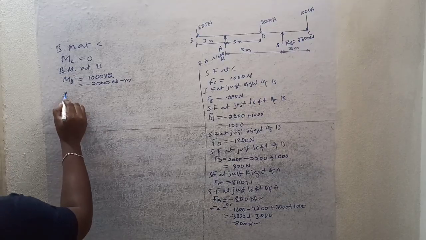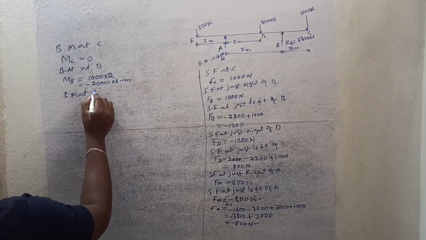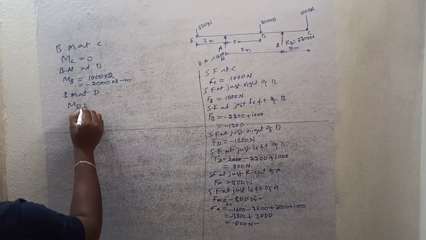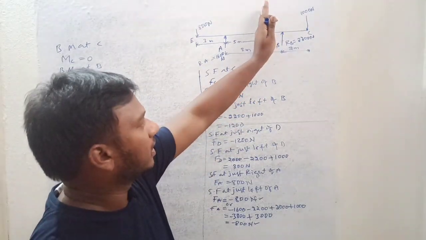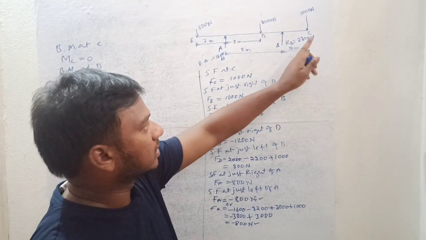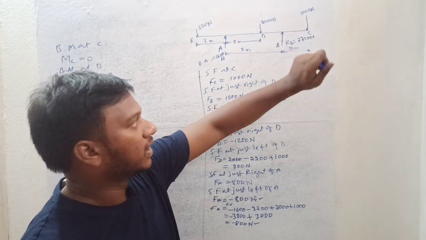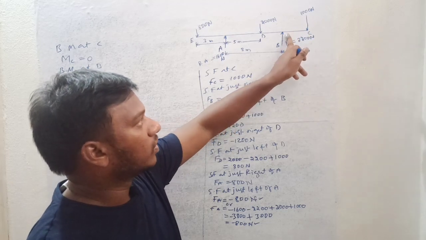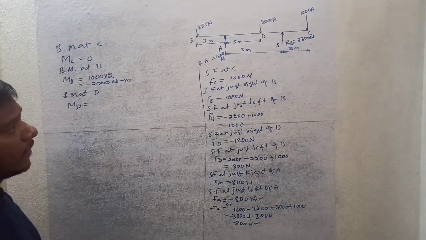Next point is D. So M suffix D equal to, if I take cross section at D, and take the right of the cross section, what are the forces we are having? RB is there and another point load is there, right? Due to these two loads, bending moment will be there at D. So what is the bending moment at D?